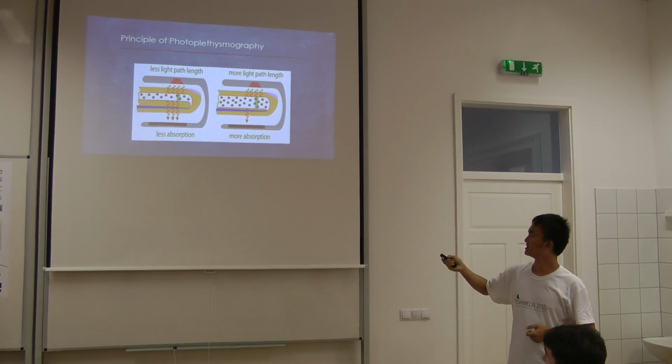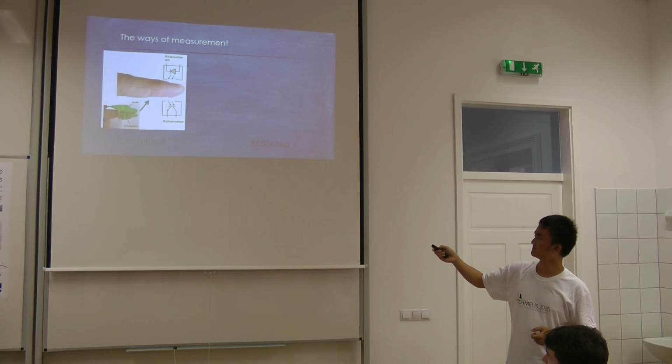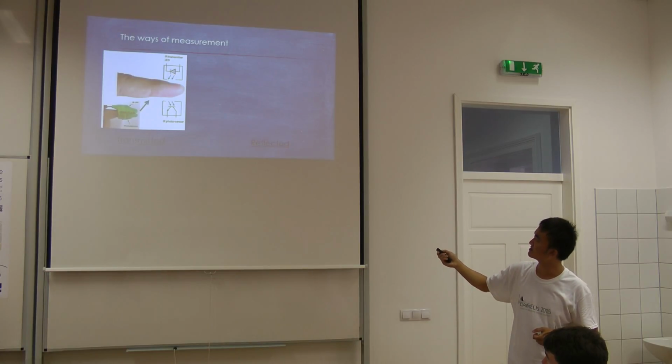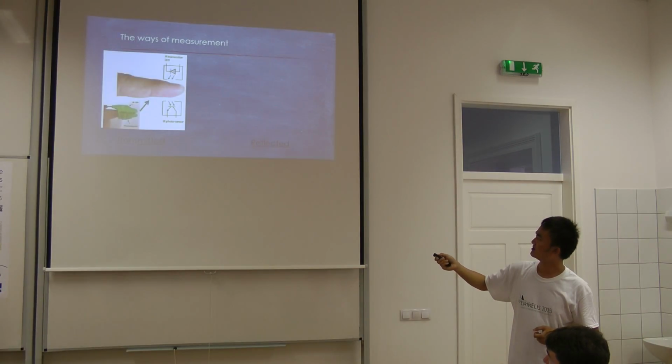And so we have two types of this sensor. One is transmitted, and another is reflected. This is transmitted: here is the LED, and here is the detector.